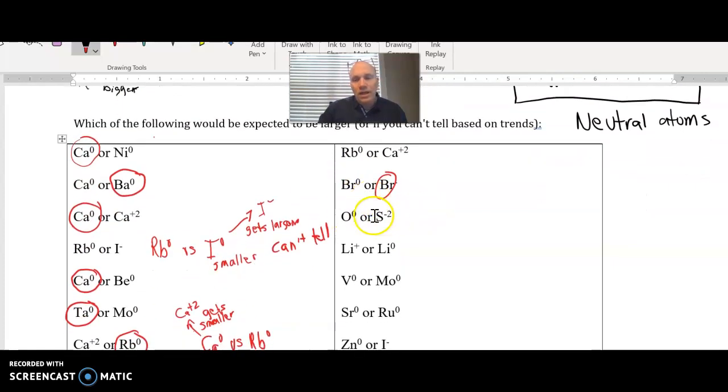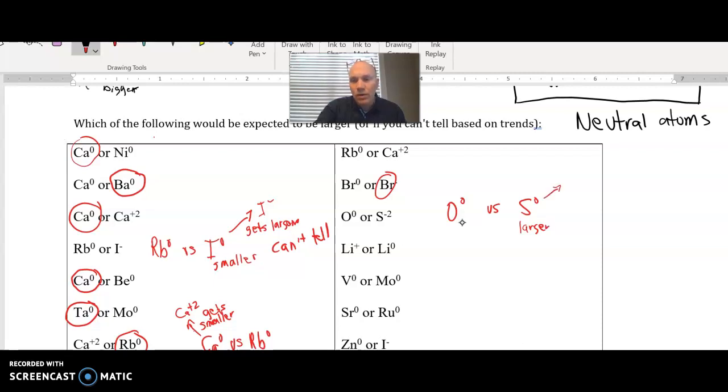Here again, the way to do this is to compare the two neutral versions first. If you compare these two, sulfur is lower on the periodic table than oxygen, so that would make sulfur the larger of the two elements.